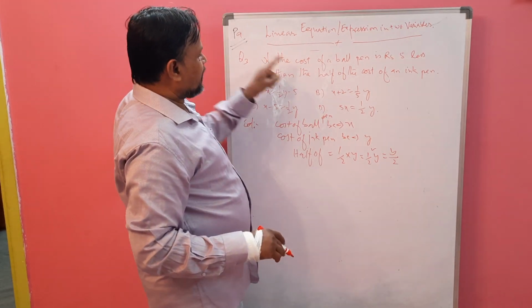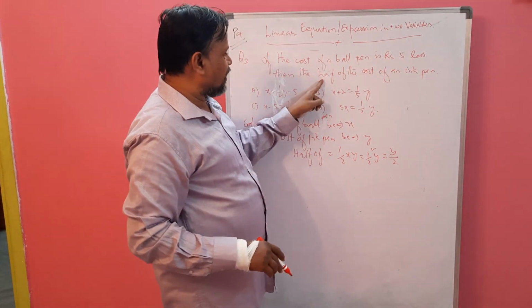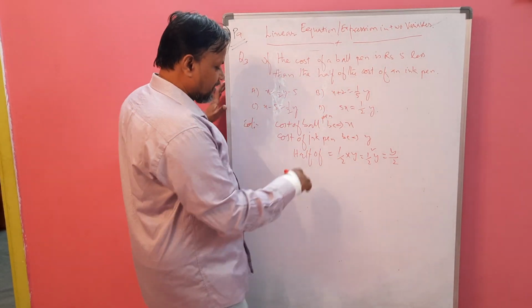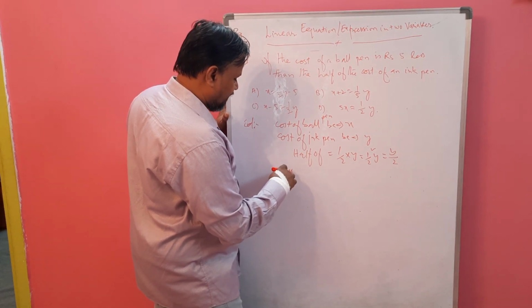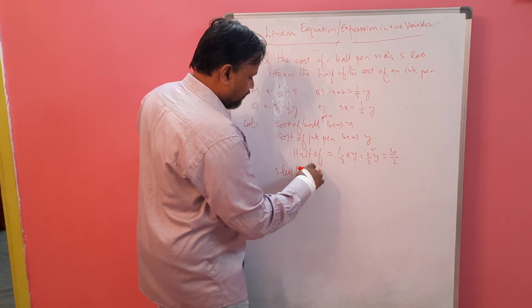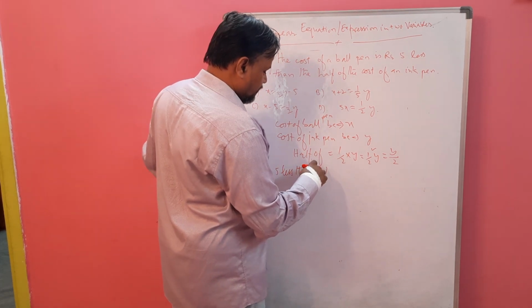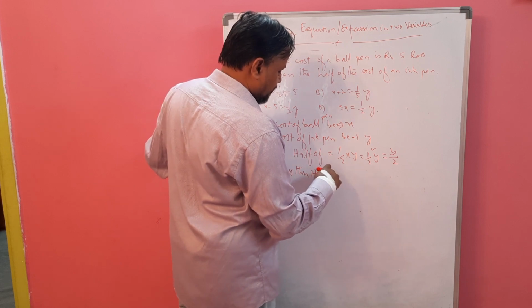What is given? The cost of a ball pen is 5 less than half of the cost of the ink pen. 5 less than half means we can write 5 less than half of the ink pen.